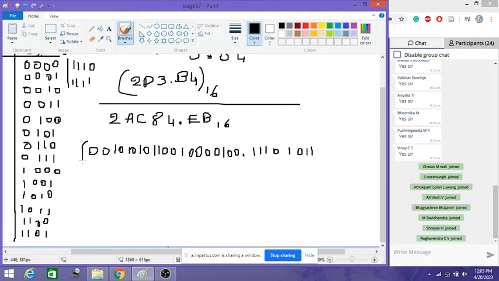So this is the total binary equivalent of this hexadecimal number. Hope you have understood how to convert between binary, octal and hexadecimal numbers.